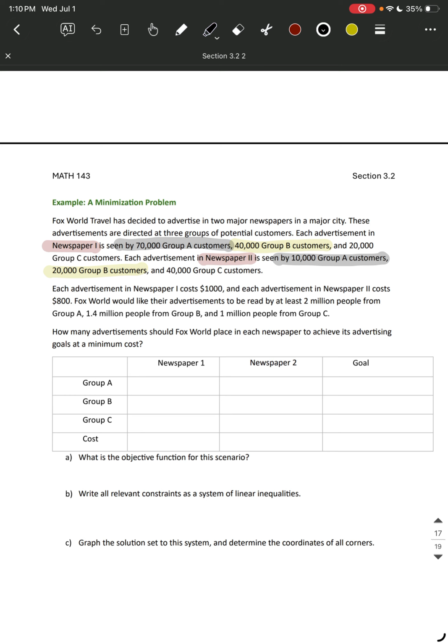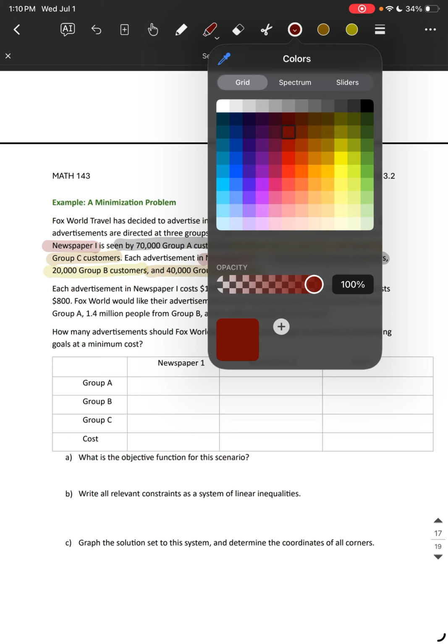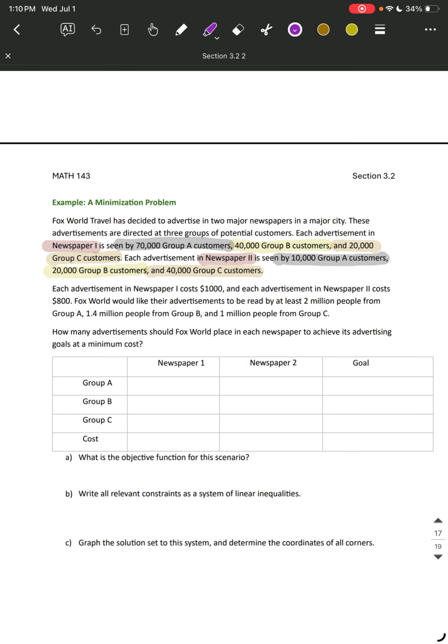Newspaper 1 costs 1,000 per advertisement, newspaper 2 costs 800 per advertisement.